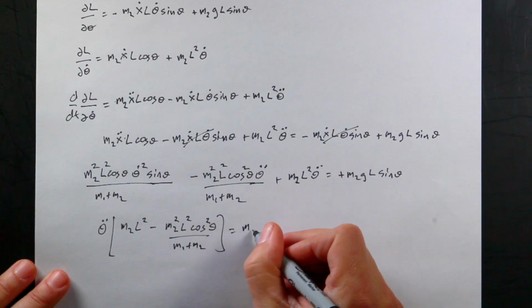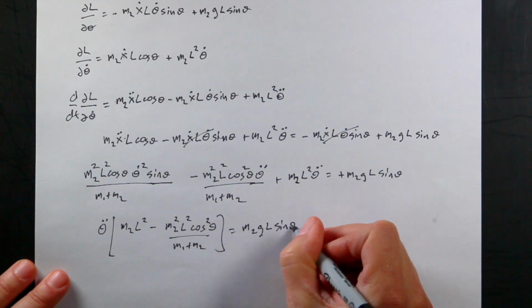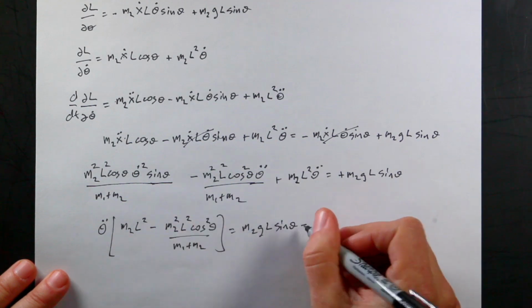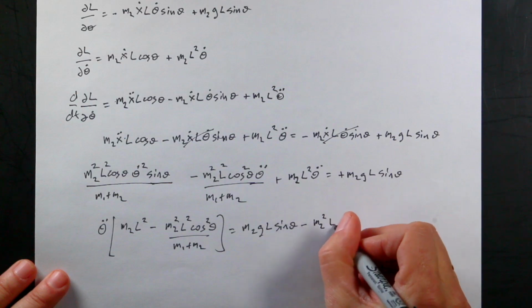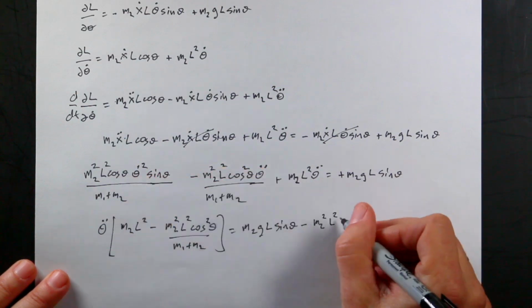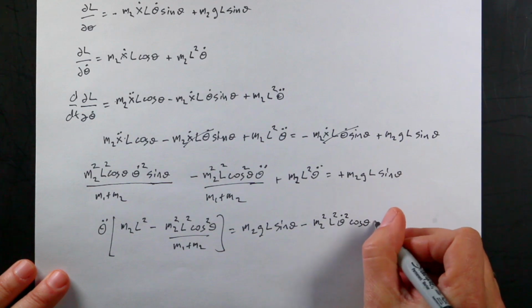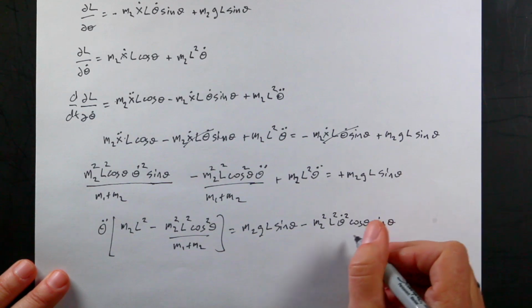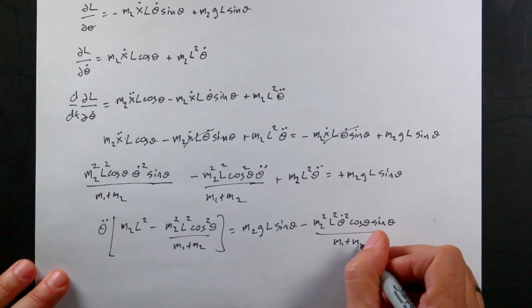It's going to be m2 G L sine theta minus m2 squared L squared, I'm going to move the theta dot in, theta dot squared cosine theta sine theta, all of that over m1 plus m2.